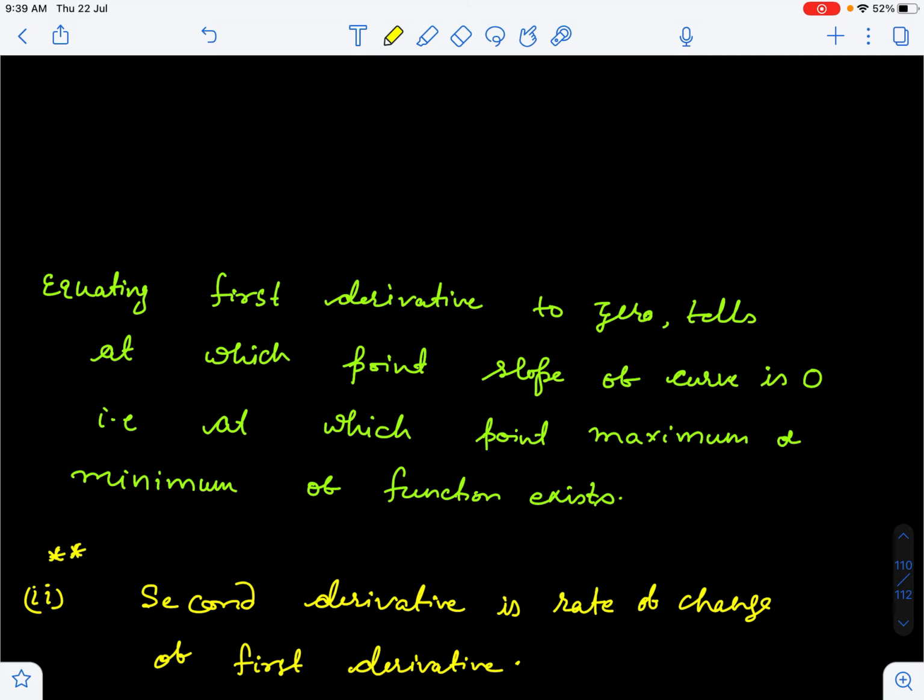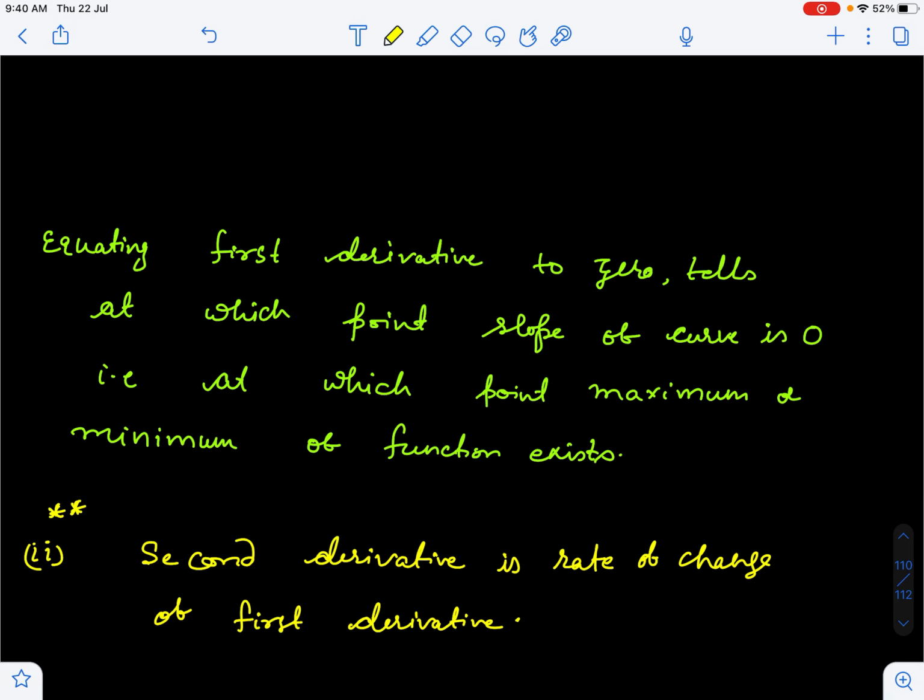Now guys, the second step: after equating the slope to 0, you have to calculate the second derivative. What is the second derivative? The second derivative is the rate of change of the first derivative, and we have to observe this second derivative very carefully.